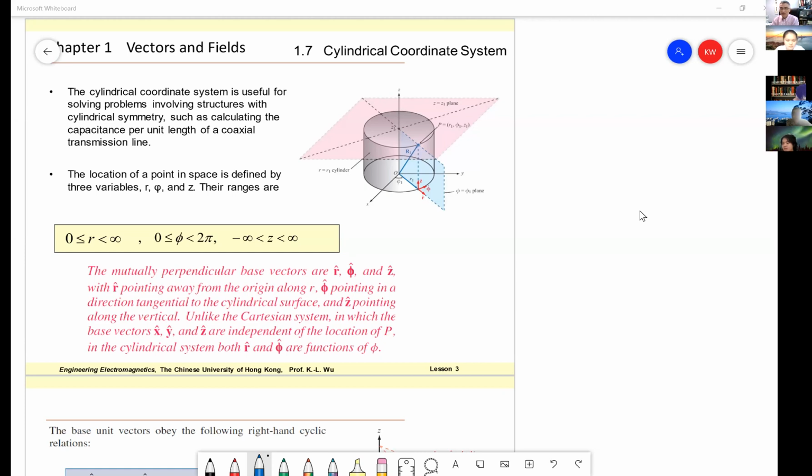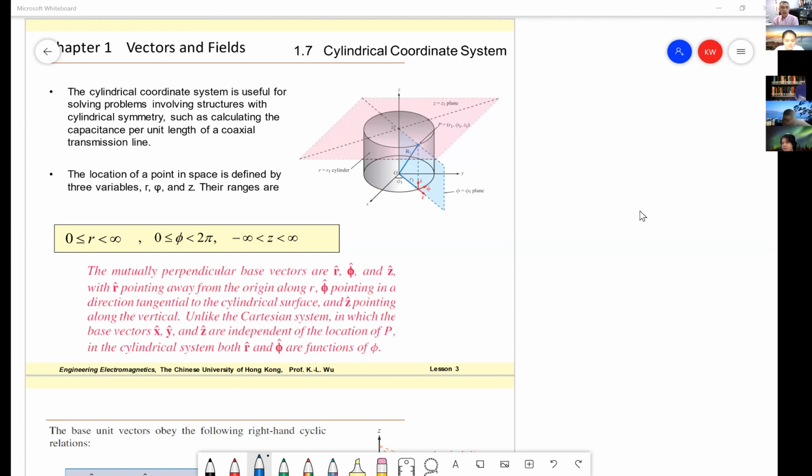We continue the discussion of coordinate systems. Last week we briefly reviewed the Cartesian coordinate, and now let's continue with the cylindrical coordinate, and later on the spherical coordinate. These three are orthogonal coordinate systems, and we use them very frequently, particularly the spherical coordinate.